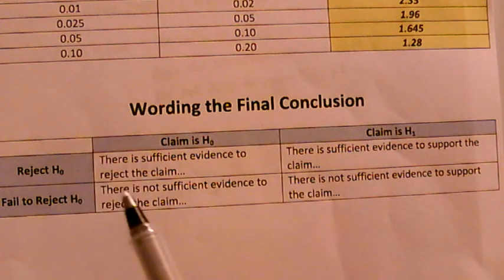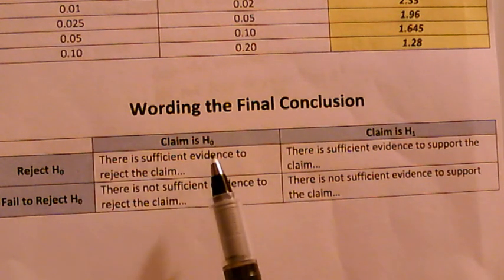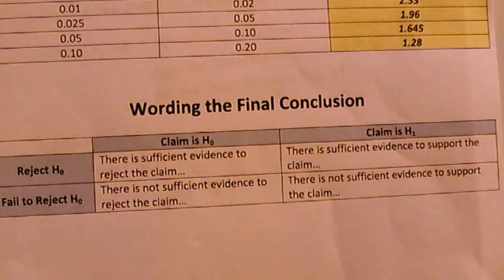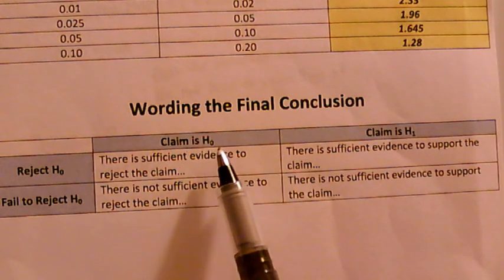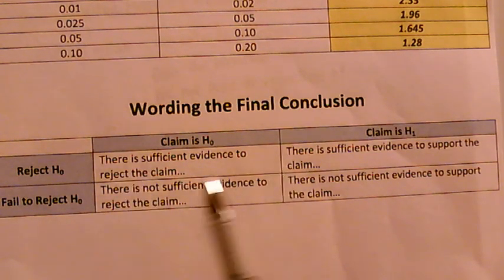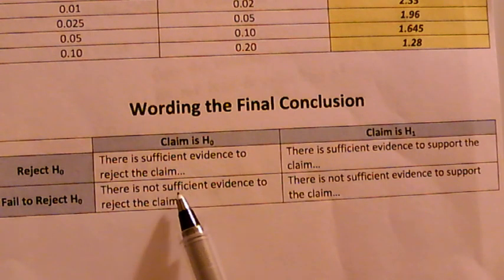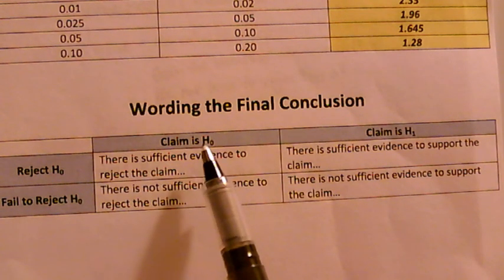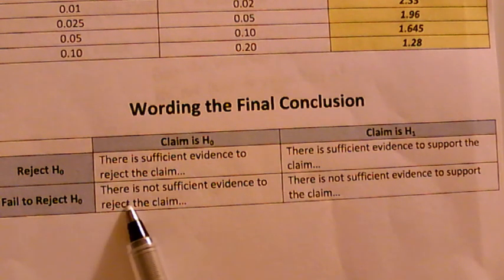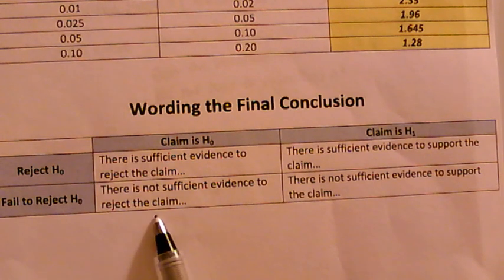Okay, so here the claim could be either the null hypothesis or the claim could be the alternative hypothesis. Now, if the claim is the null and you reject the null, then you'll start this statement by saying there is sufficient evidence to reject the claim. Now, if the claim is the null and you fail to reject the null, then you'll start by saying that there is not sufficient evidence to reject the claim.